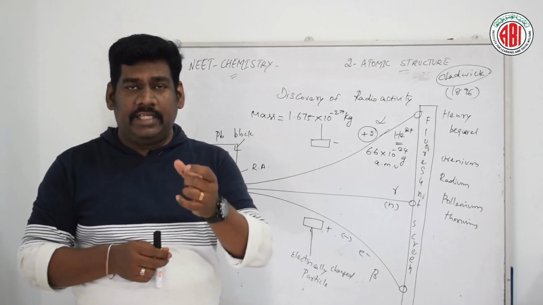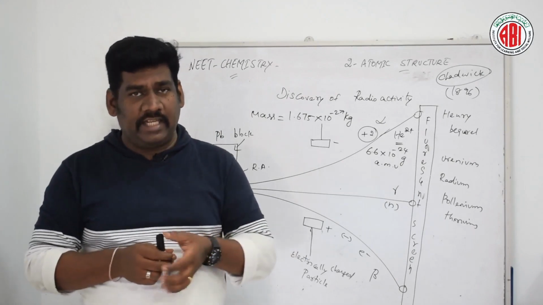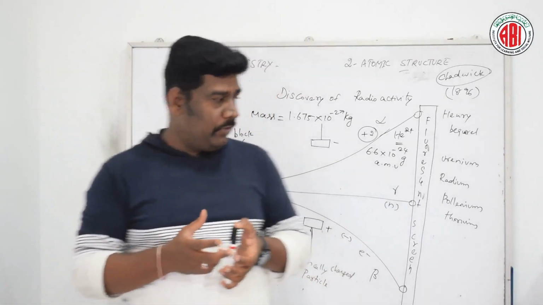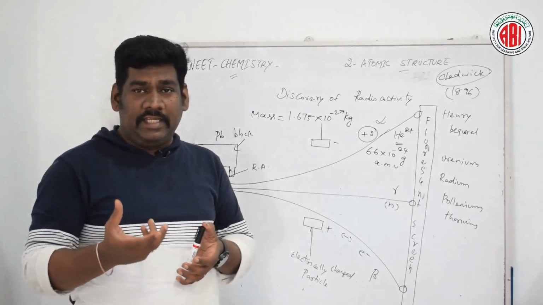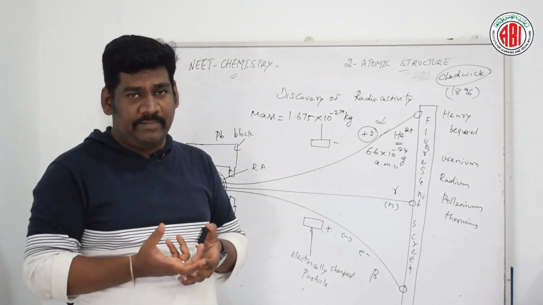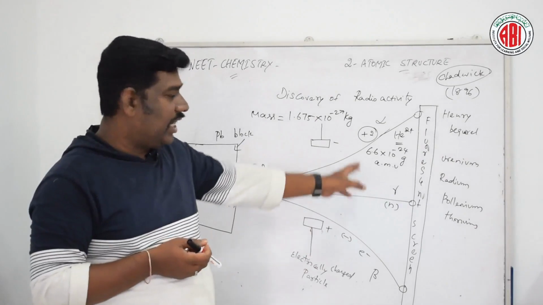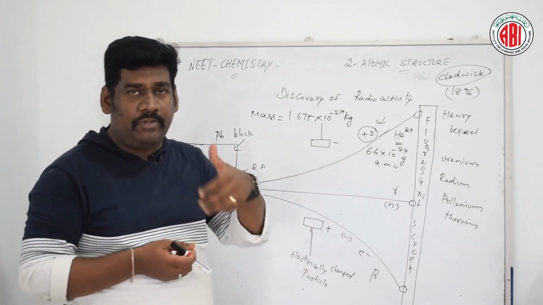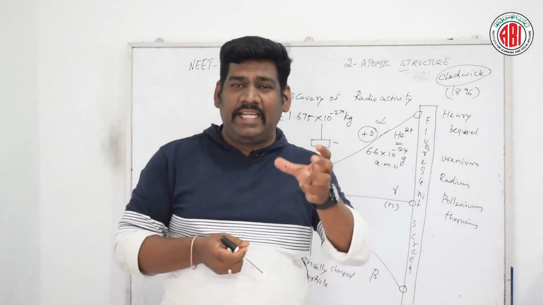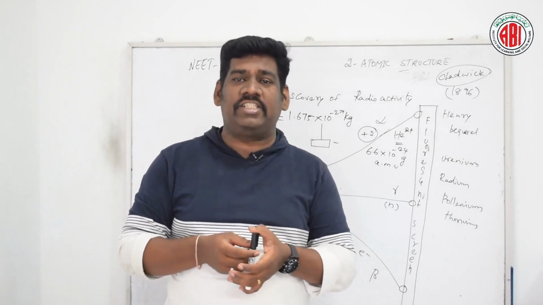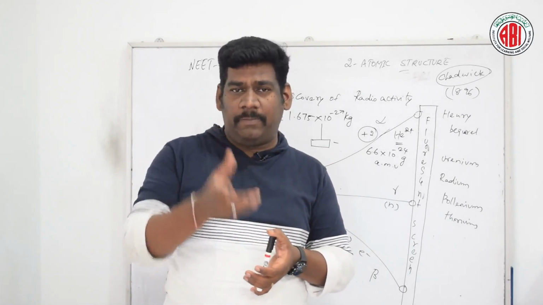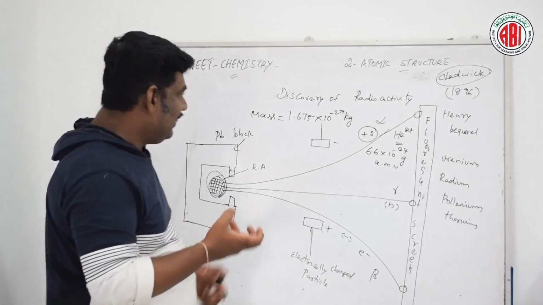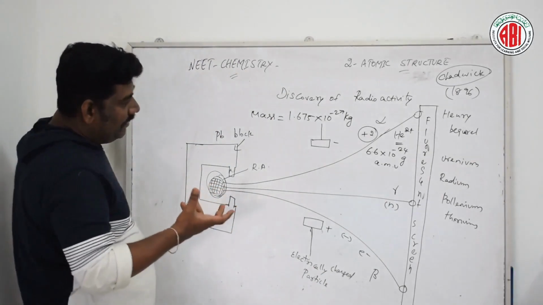So James Chadwick, in the year 1932, was able to bombard a thin sheet of beryllium element with the help of alpha particles. He was able to observe highly penetrating rays consisting of streams of neutral particles, and these particles possess a certain mass.